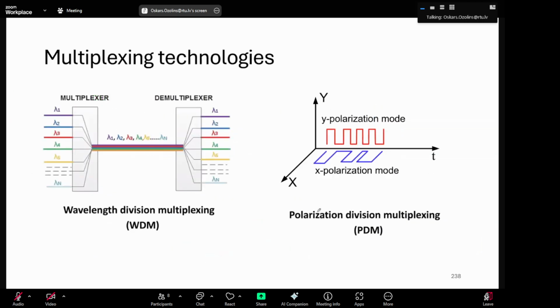Because we have two principal states of polarization, X and Y, and if you have orthogonal polarizations, that means there's almost no crosstalk between polarizations. So it's also an independent channel. And when you have this polarization division multiplexing, so you have a coherent modulation format, you have IQ data, then polarization division multiplexing on the same wavelength, you're already having 8 bits per symbol.